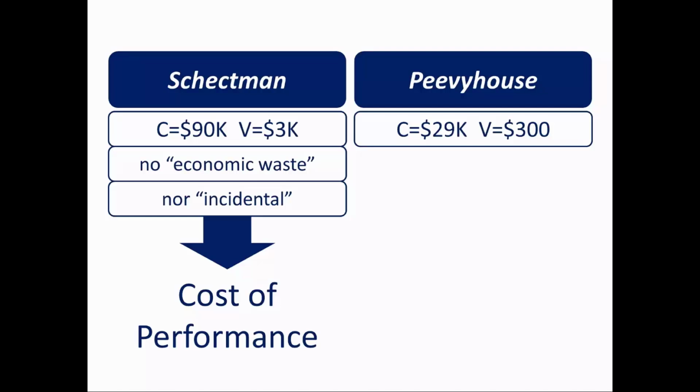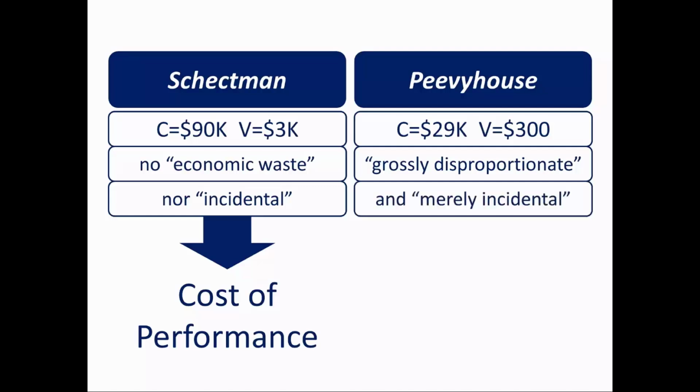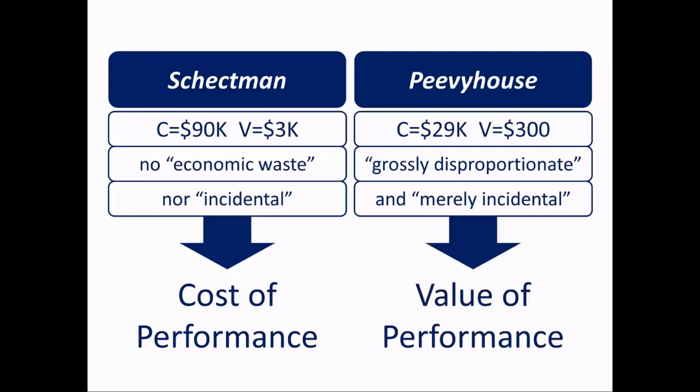In Peavey House, the court acknowledges that ordinarily the damage rule is to award the cost of performance. But here the court concludes that the cost of performance is grossly disproportionate to the value of that performance, and that the restoration provisions were merely incidental to the main purpose of the contract. So the court gives only the trivial difference in value, $300.